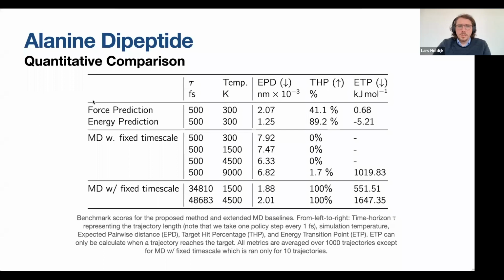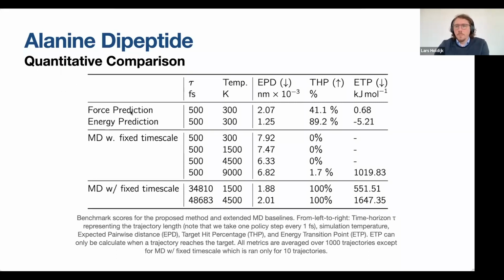And then we compare this to, first of all, running molecular dynamics with the same time scale as our method. So we used 500 femtoseconds for our transitions, and we compare it to running MD for 500 femtoseconds. And we do this at different temperatures.